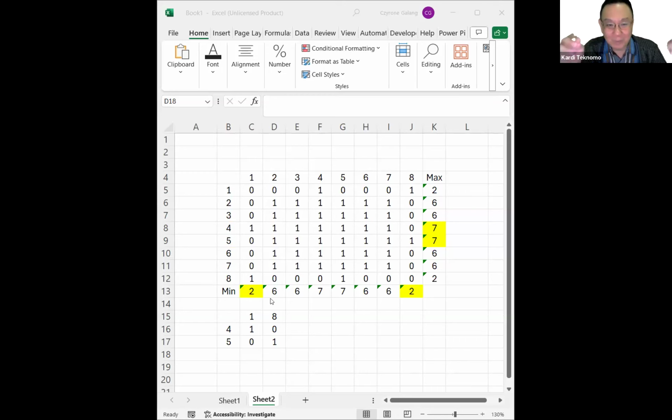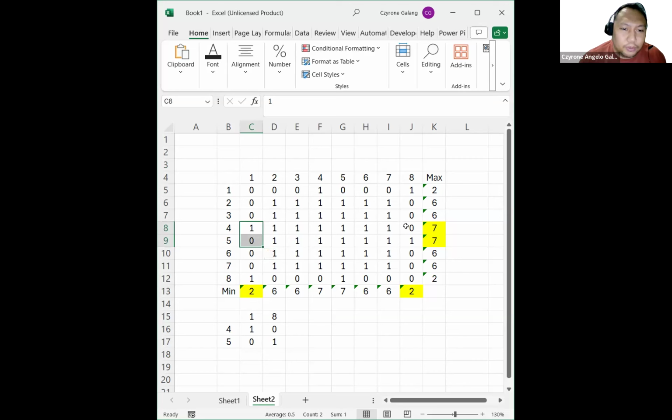Okay, can you explain one by one? For example, how do you do it? So I added the rows, per row, and then got the maximum, which are rows 4 and 5. Then I added the columns and got the minimum, which are columns 1 and 8, and then I only chose the values from those.